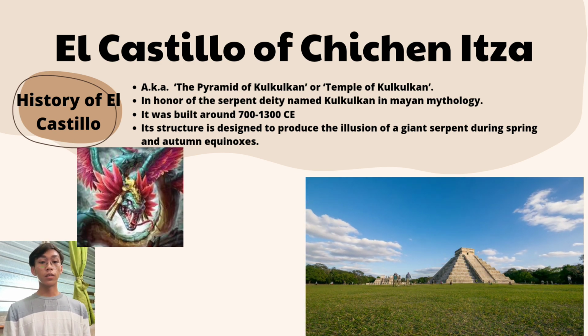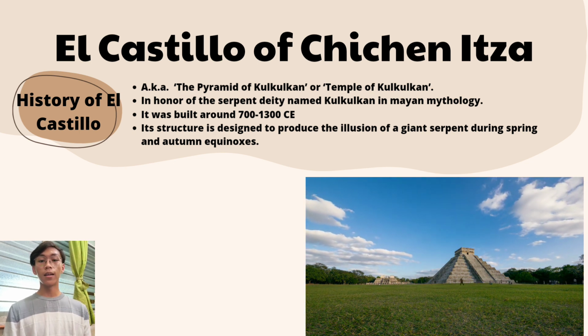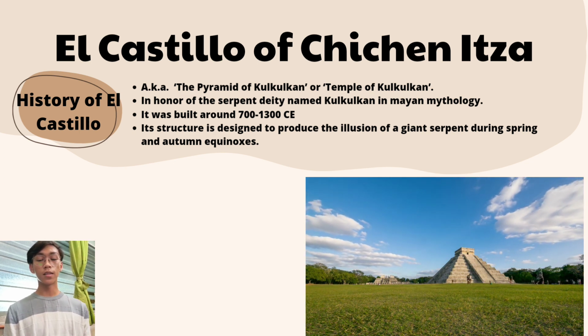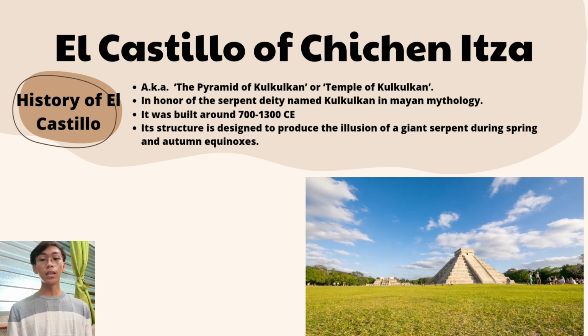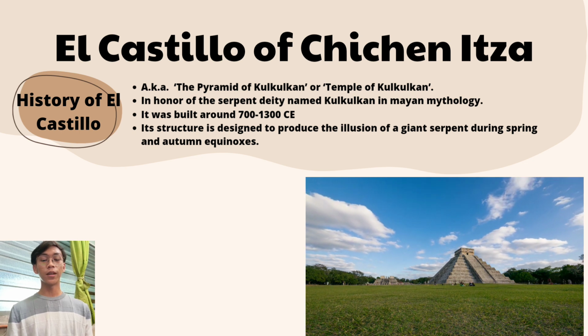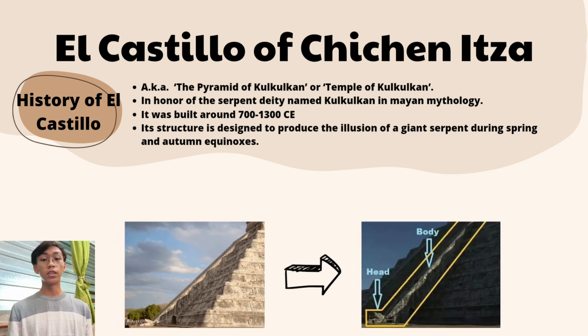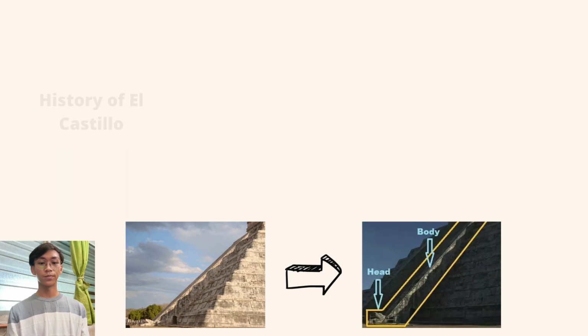It was built around the 700 to 1300 century, and some researchers suspect that the early parts of it might have been constructed in the 550 century. Its structure is designed to produce the illusion of a giant serpent during the spring and autumn equinoxes.